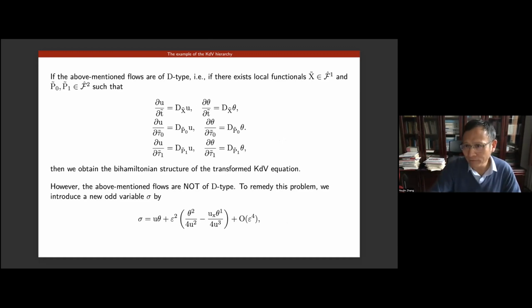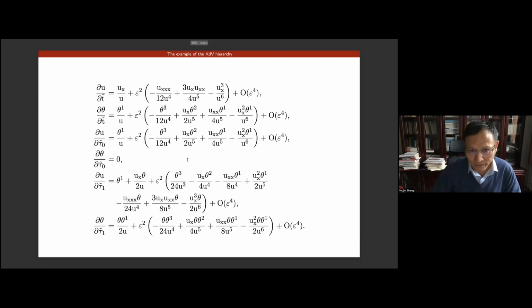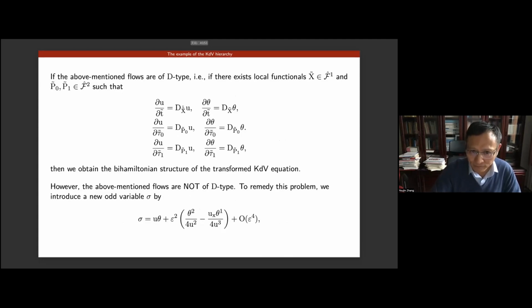In other words, if we have local functionals X tilde, P0 tilde and P1 tilde, so that these flows can be represented as the derivations D_X tilde, D_P0 tilde and D_P1 tilde acting on u and theta, then we obtain the bihamiltonian structure for the transformed KdV equation. So this is the way we consider this transformation law.